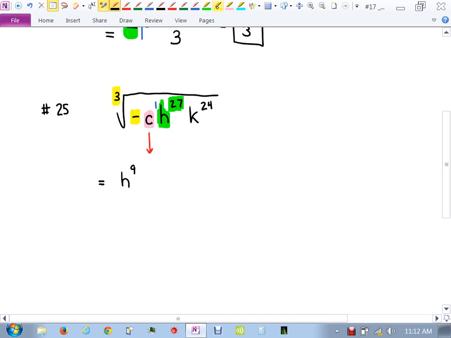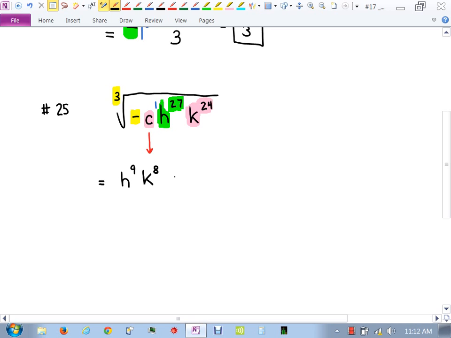Now, the next one is K to the 24th. How many times does 3 go into 24? 8 times evenly, without anything left over. So K to the 8th.